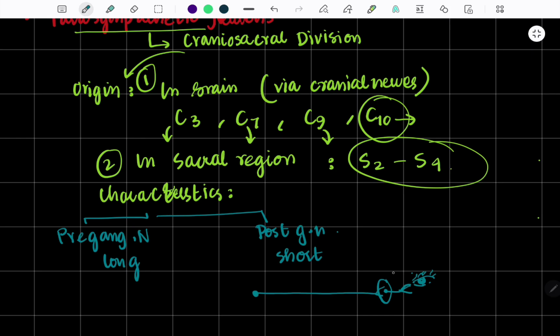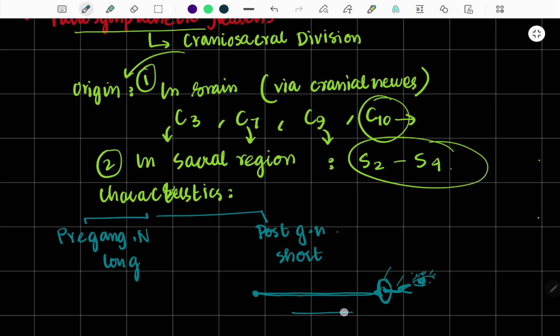The ganglia are present either near the target organs or inside the target organs. And the postganglionic neuron is quite short because the preganglionic neuron was huge, and when getting closer to the effector organs, this is known as the ganglia, and the postganglionic neuron is quite short.